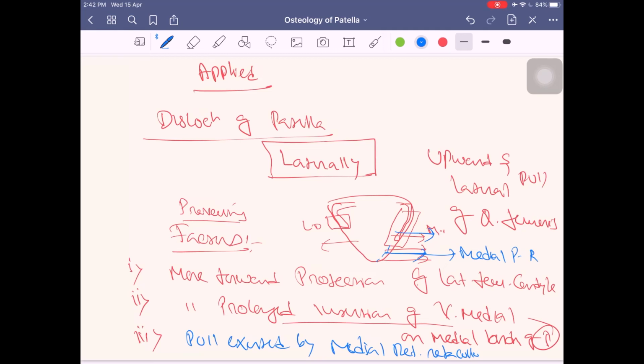This muscle is also pulling it this side, and you have more lateral area, so that also will prevent it from going away and keep it on this side. So these are the three factors which prevent the patella from dislocating laterally. But if any of these factors fail, then the patella will dislocate laterally.